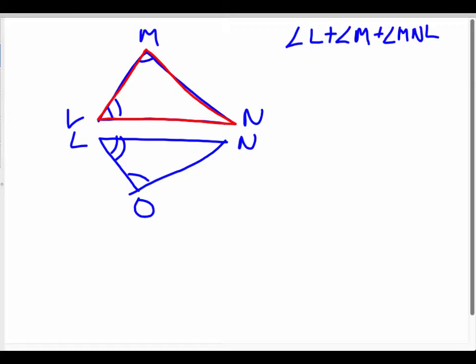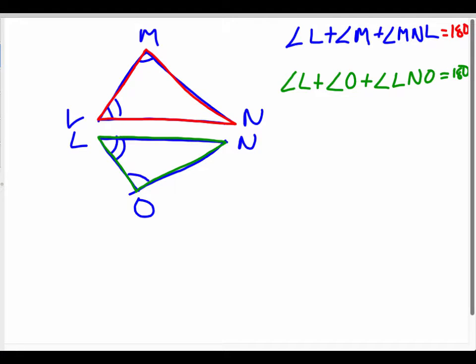What should that equal? Yeah, that should equal 180. Now, if I say angle L plus angle O plus angle LNO, in other words, this angle plus this angle plus this angle, what should that equal? 180. Okay? Now, because they both equal 180, what can I do?